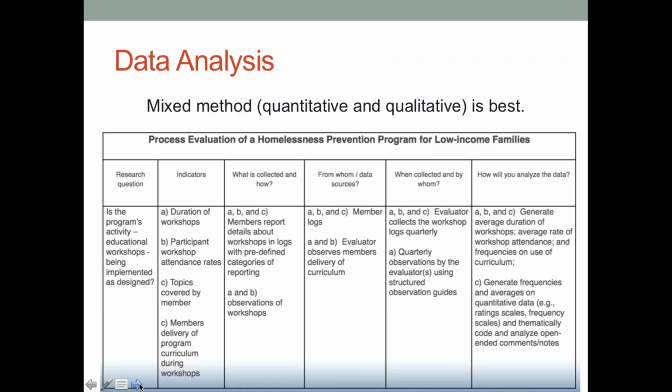Overgeneralizing, but in general, quantitative data is good at the what and sometimes the how, and qualitative data really excels at the how and the why. You need both of those in order to really get at what your program is doing and what kind of changes it is having with participants.